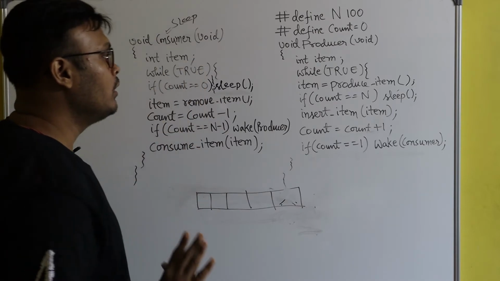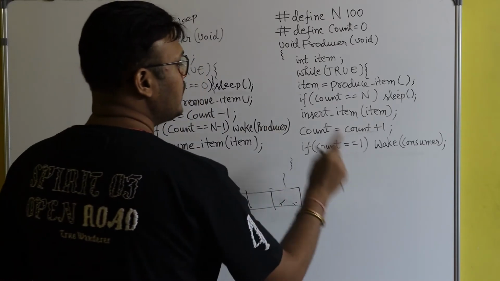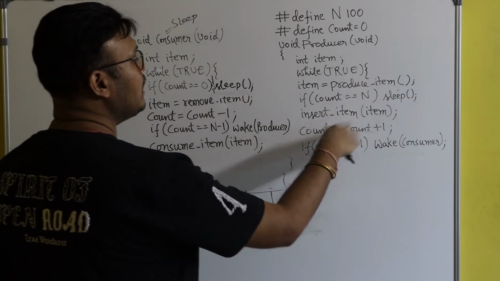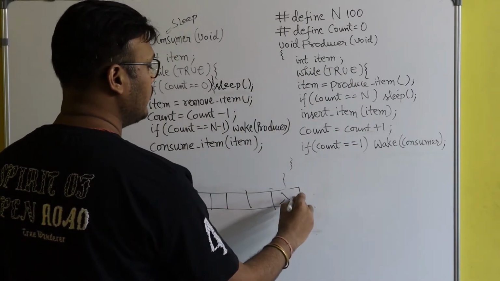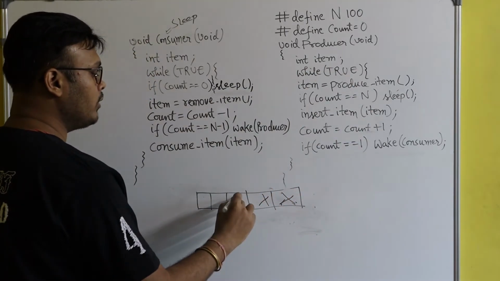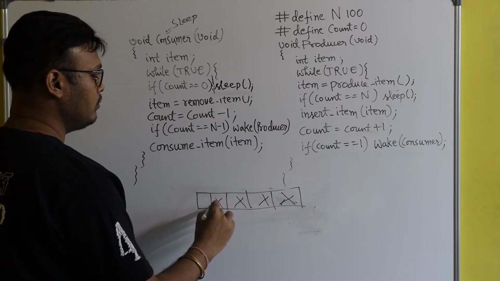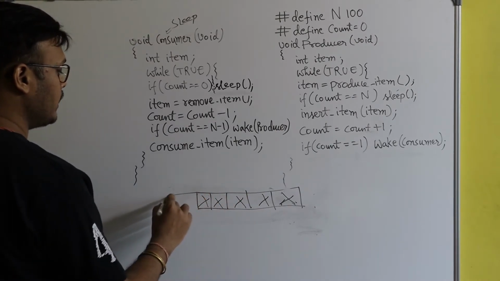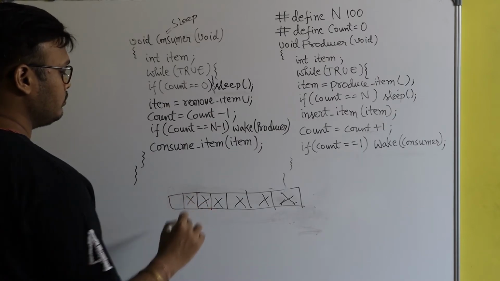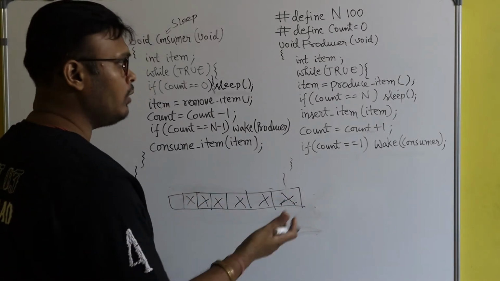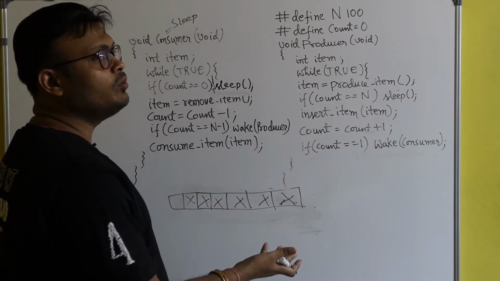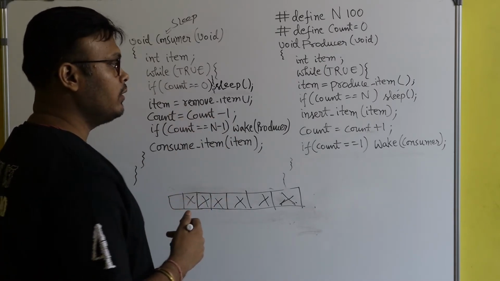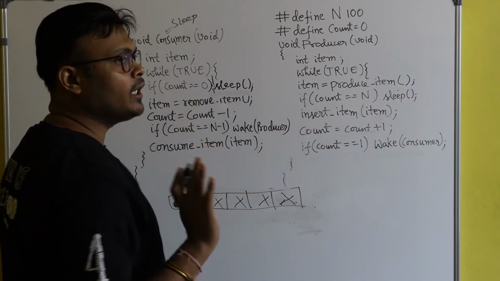The consumer is sleeping. So here with this false hope, the producer will keep on producing items in the hope that the consumer will consume them. But actually the consumer can't consume these items because the consumer is sleeping and the producer doesn't know about this.